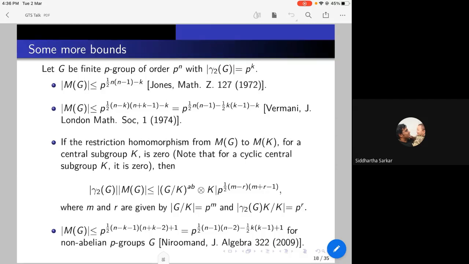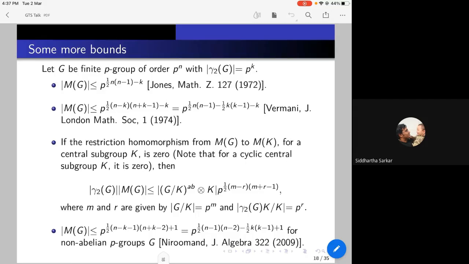Okay. This was further improved by Niroomand for non-abelian p-groups G. In 2009, he proved that mod M G is less than or equal to p to the power half n minus k minus 1 into n plus k minus 2 plus 1.